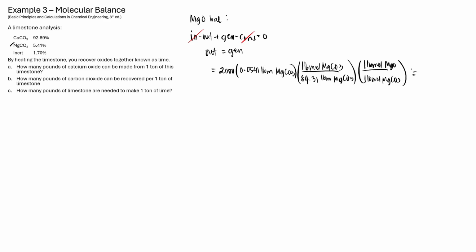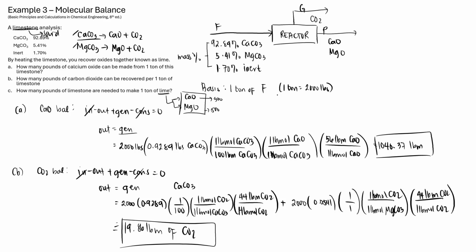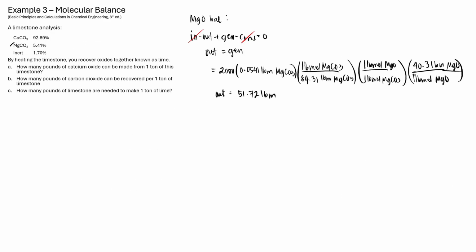Yes, so that will give me, I need it in pounds. Sorry, so 1 pound mole MgO, 40.3 pound mass. So out is equal to 51.72. So we have the number for CaO earlier, and we have the MgO here.